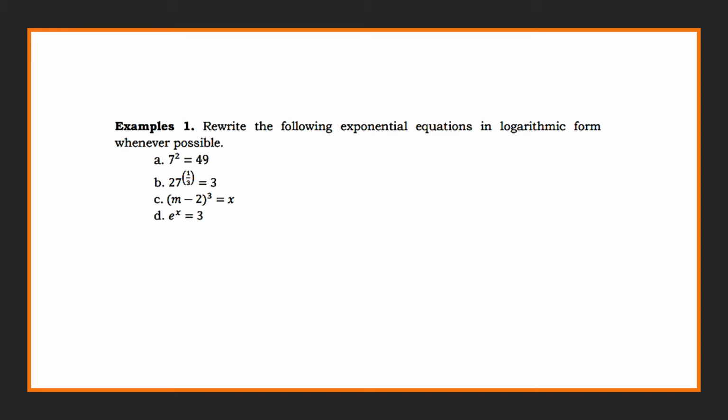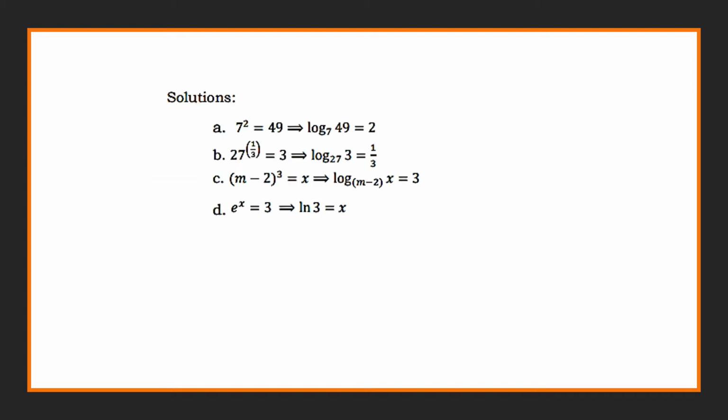Examples. We write the following exponential equations in logarithmic form whenever possible. 7 squared equals 49. 27 raised to 1/3 equals 3. The quantity m minus 2 cubed equals x, and e raised to x equals 3. So, in logarithmic form, 7 squared equals 49 will become logarithm of 49 to the base 7 equals 2.